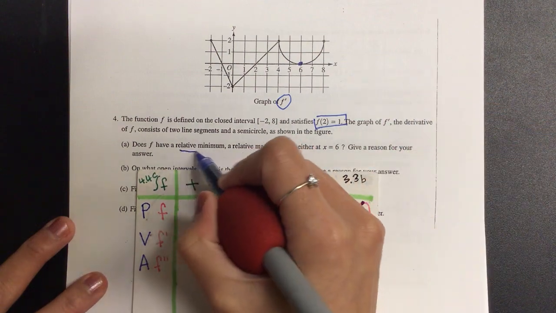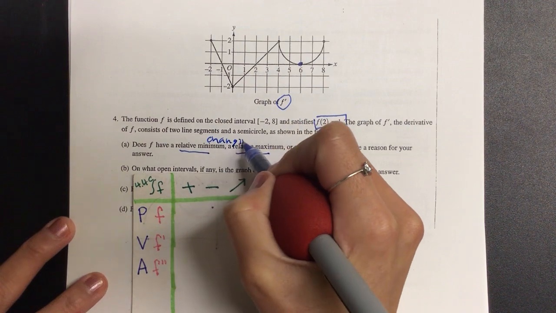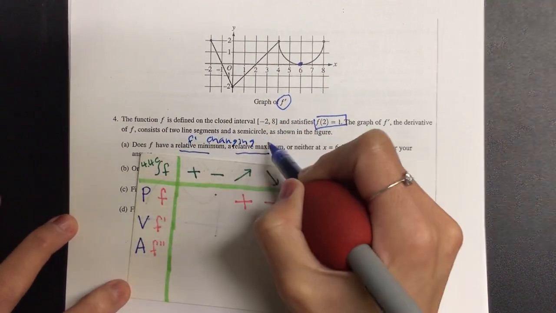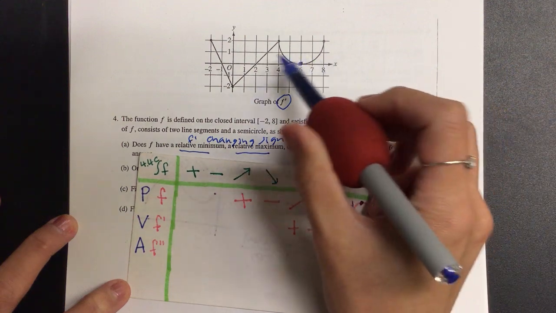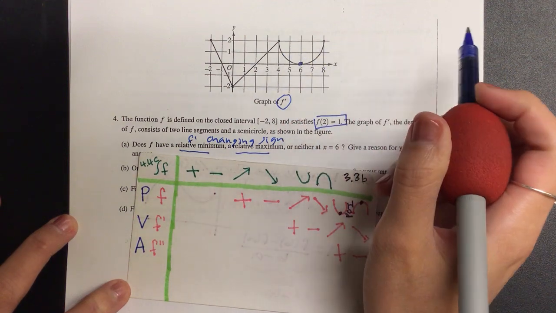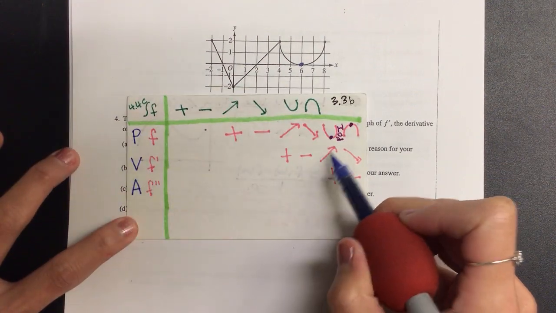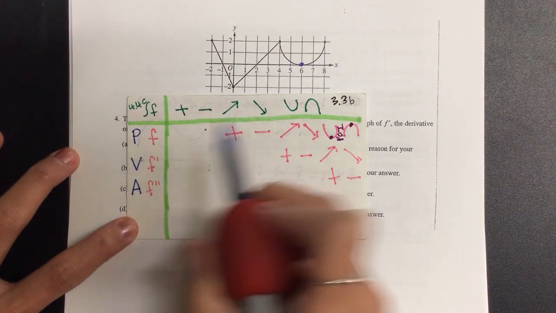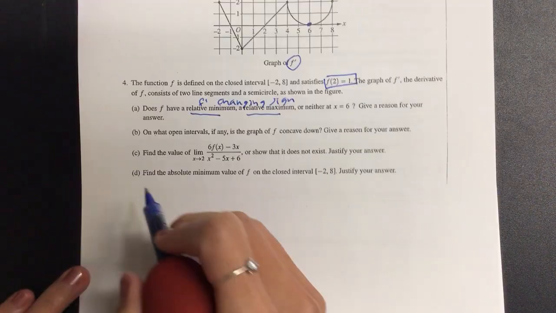A relative minimum or maximum happens when f prime is changing sign. Are we changing sign here at all? Going from negative to positive, or positive to negative? Nope. But if f prime is changing directions, the original graph has a point of inflection. So what we're going to say on this one is, it is neither.